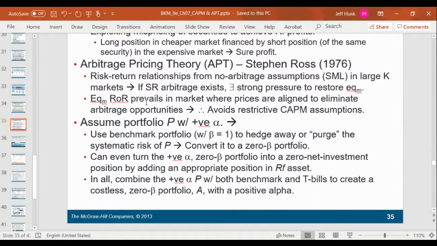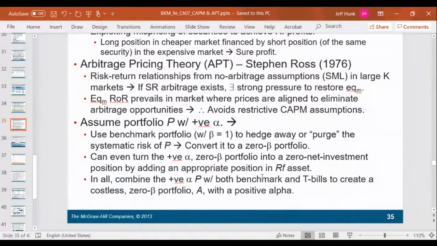So if short-run arbitrage exists, then there exists a strong pressure to restore equilibrium. Yeah, we all understand. If there's a mispricing, everyone wants to take advantage of that mispricing, right?